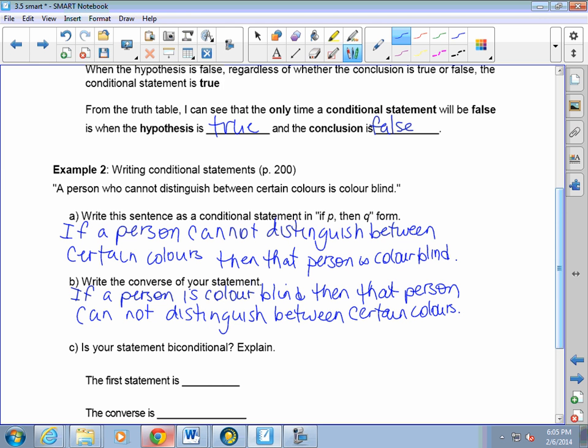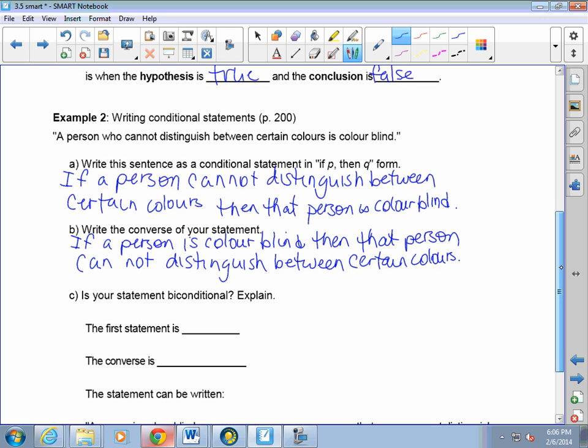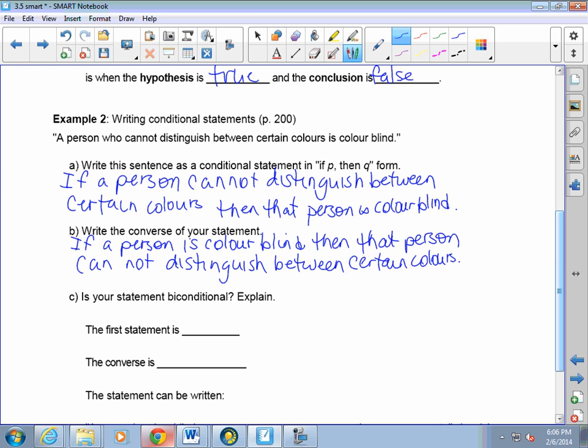A biconditional statement is written as P if and only if Q. So a person is colorblind if and only if that person cannot distinguish between colors. So first let's take a look. Is the first statement true or false? Well, it's true, because if you can't distinguish between colors, then you are colorblind.